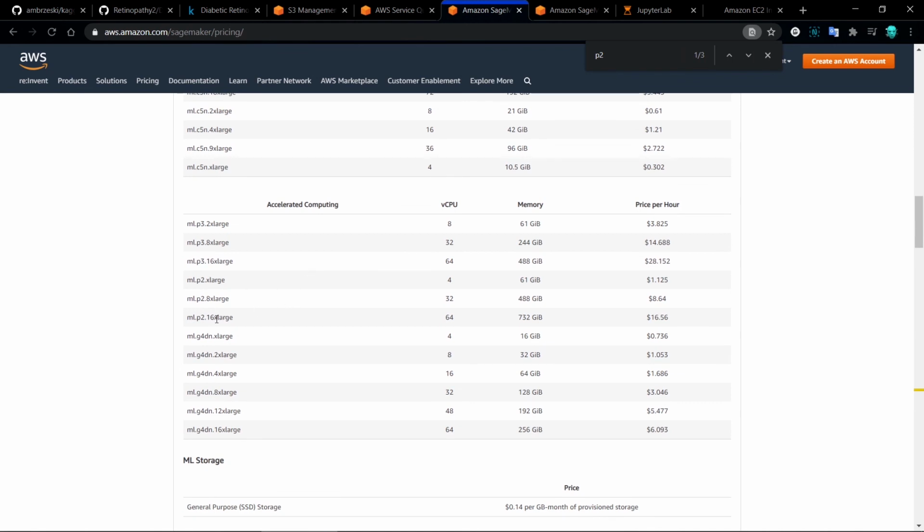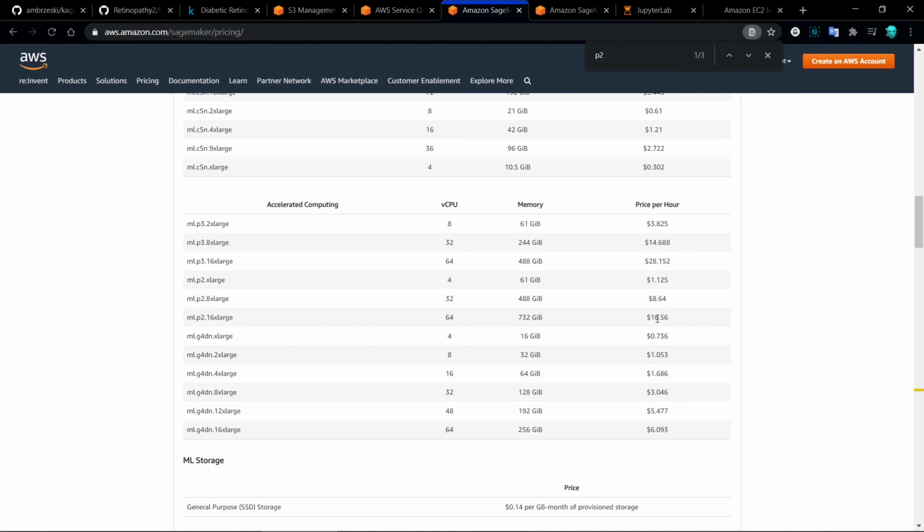See this P2.16xlarge, it is much cheaper than going with the $28, with 64 virtual CPUs, and 192 gigs of GPU memory. Why did I not target it earlier? Because of its 732 gigs of memory; I was not willing to go for higher memory, because memory was the real cause of the higher cost. But I really hadn't seen the actual charges of these instances.